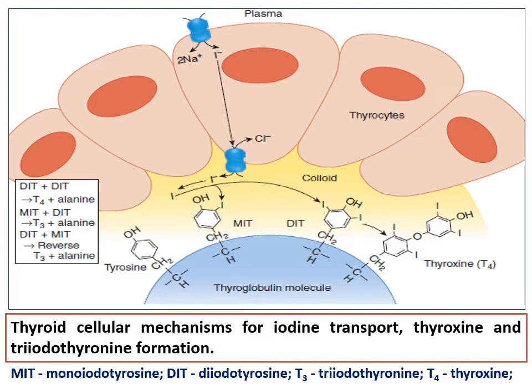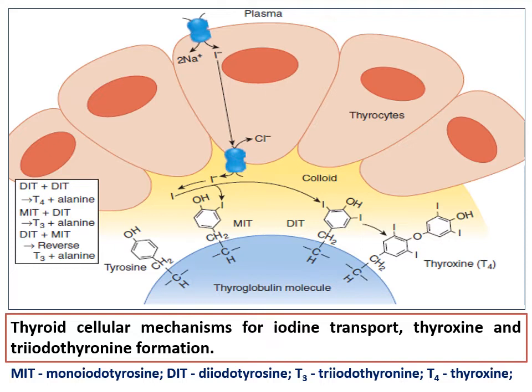So the basolateral membrane of thyrocytes facing the capillaries contains sodium iodide symporter that transports 2 sodium and 1 iodine into cells with each cycle against the electrochemical gradient for iodine.